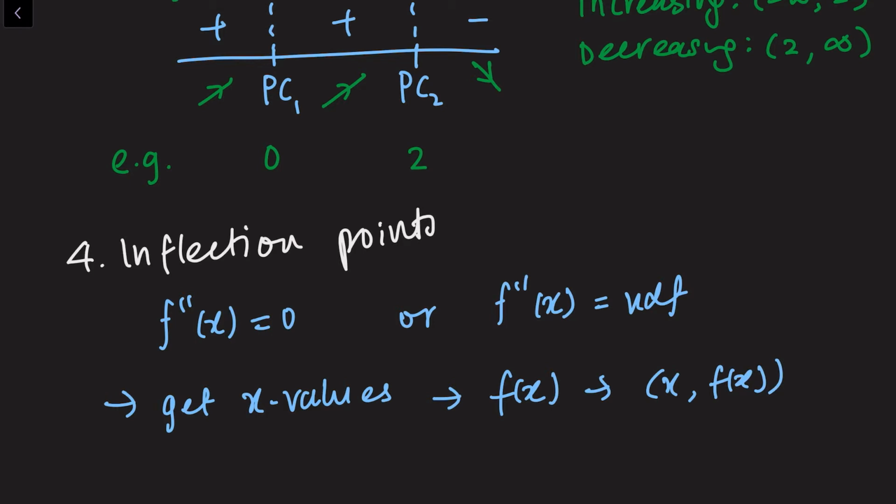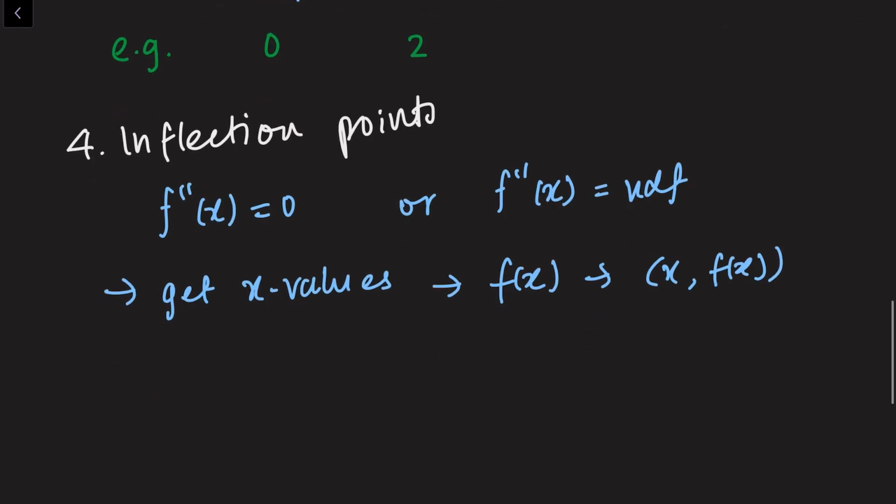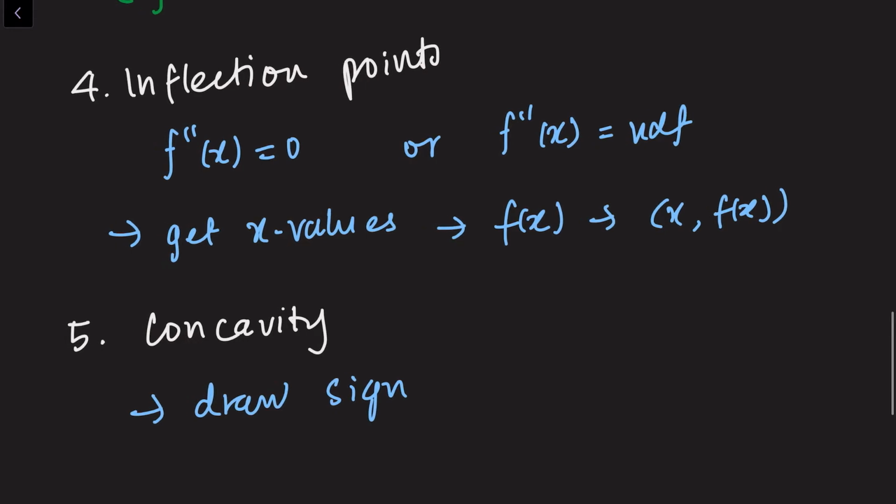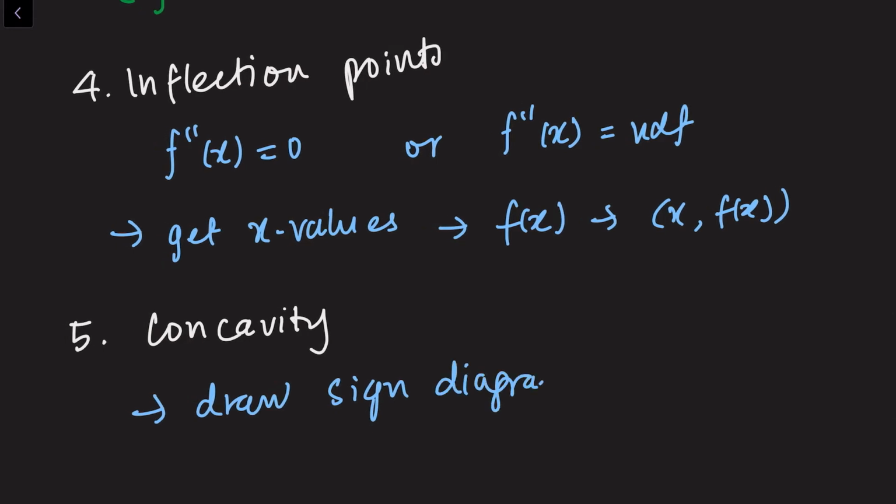Then we get the coordinates of inflection points. Okay? Then since we already differentiate the second time, we can find the concavity at each interval. Okay? So we just draw a sign diagram again. But this time, it is for the second derivative. Okay?